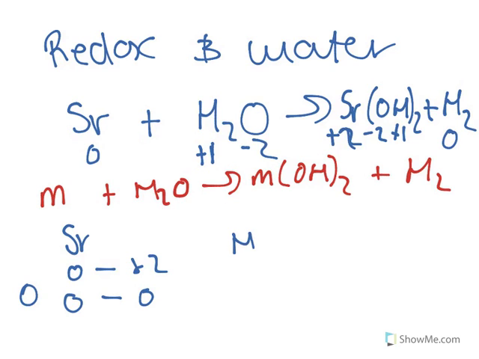And then hydrogen goes from plus 1 to 0, which means that it is reduced, but then it also goes from plus 1 to plus 1 in the strontium hydroxide, so there's no change there.